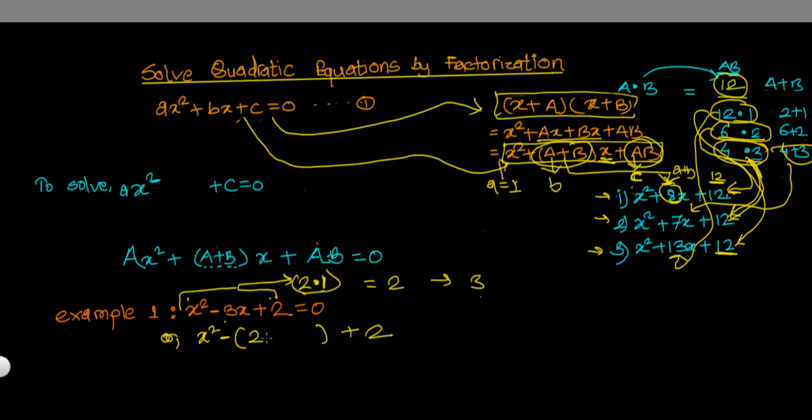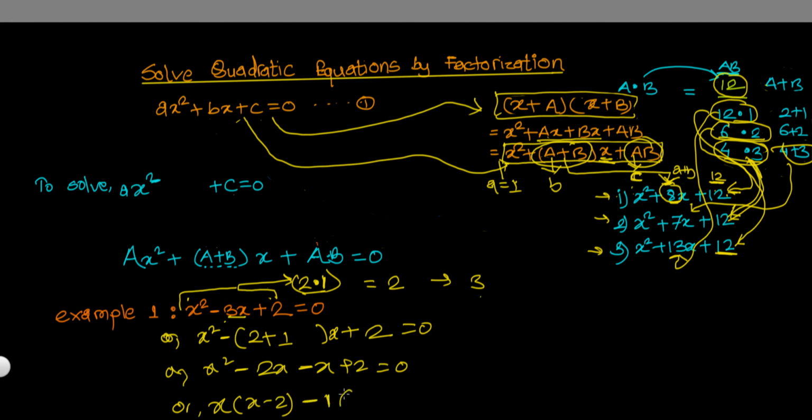Instead of 3, I write 2 plus 1, so x squared minus (2 plus 1)x plus 2 equals 0, or x squared minus 2x minus x plus 2 equals 0. Taking x common from the first two terms and negative 1 common from the last two, we get x(x minus 2) minus 1(x minus 2) equals 0.